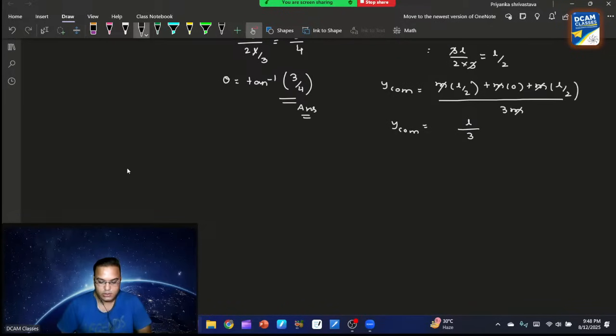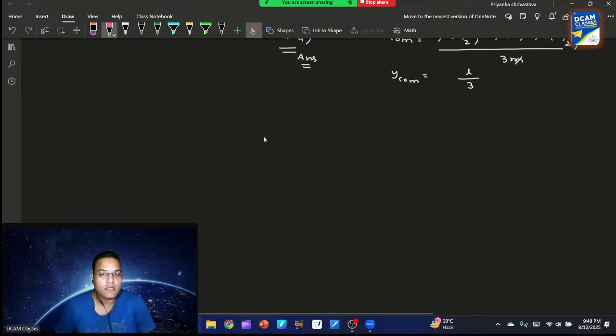Motion of center of mass. So let me tell you about the next part, because the questions on this will be easier only. You will be able to solve easily.